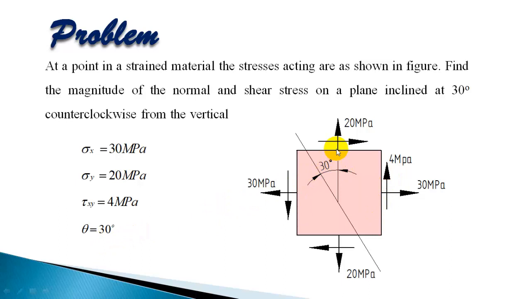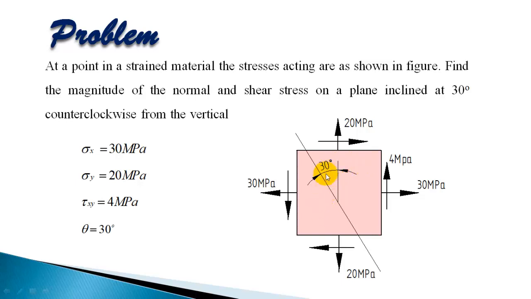Now the angle you have to measure in the counterclockwise direction, and counterclockwise is considered as positive. If the plane is inclined 30° in the clockwise direction from the vertical, then you have to take minus 30.